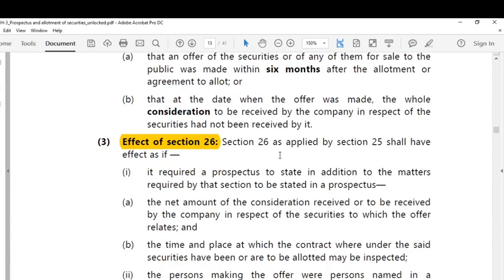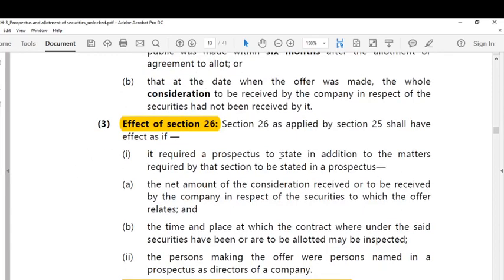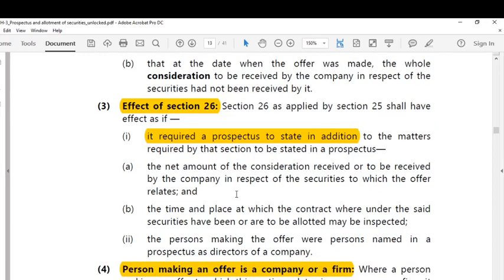So the effect of section 26 is given here. Section 26 as applied by section 25 shall have effect as if it required a prospectus to state, in addition to the matters required by that section to be stated in the prospectus, the net amount of the consideration received or to be received by the company in respect of securities to which the offer relates.